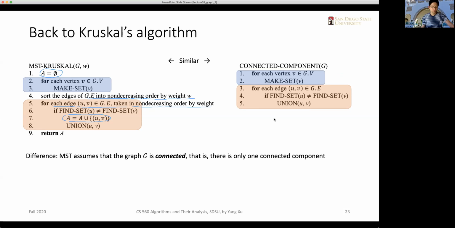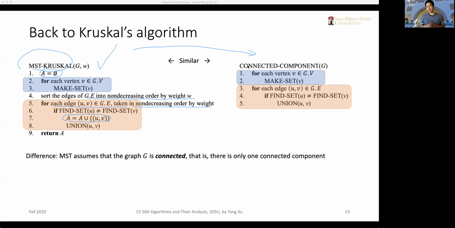Another difference is that the minimum spanning tree algorithm, Kruskal's algorithm, assumes that the graph is connected. So there should be only one connected component after MST-KRUSKAL is done. Because in nature, it is just an algorithm that finds all the connected components.